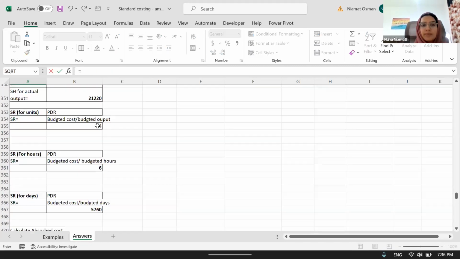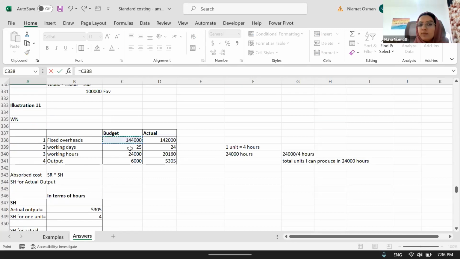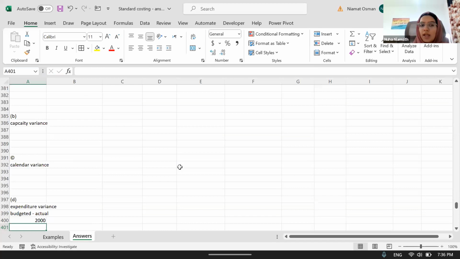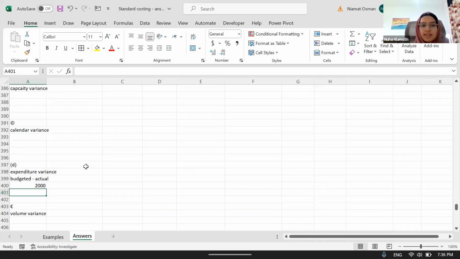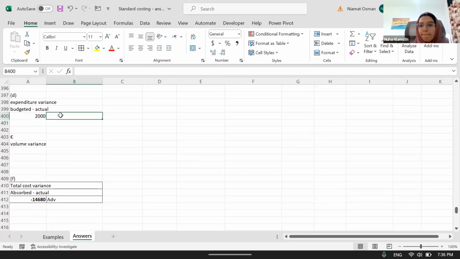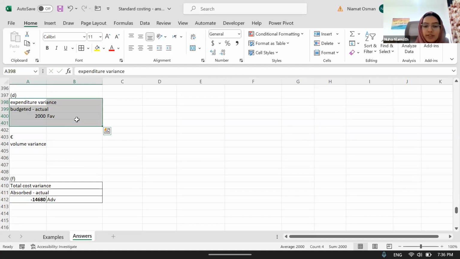What's our budgeted? 1,44,000 minus actual 1,42,000. What do you think? It's favorable or adverse? Actual is lower. Yes, favorable. Expenditure variance also calculated. Now, volume variance. Volume variance is the difference between which two?